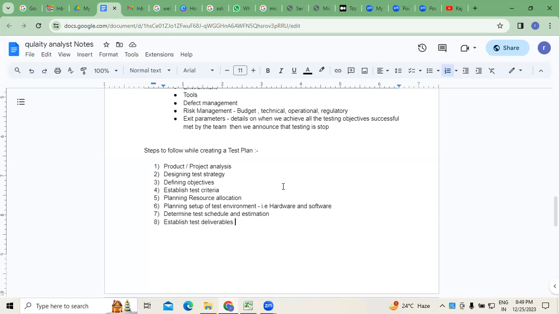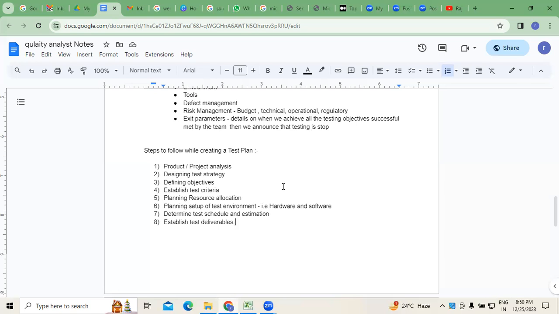That also should be known to us well in advance. Next, we have to establish the test deliverables. That too we have to know. So these are the steps which are involved when we are creating the test planning.